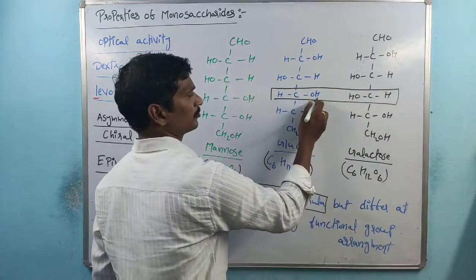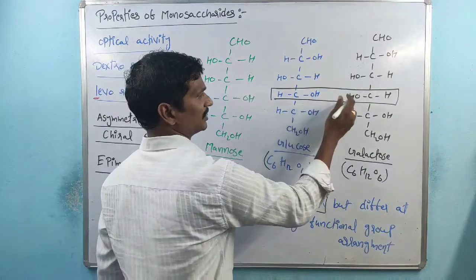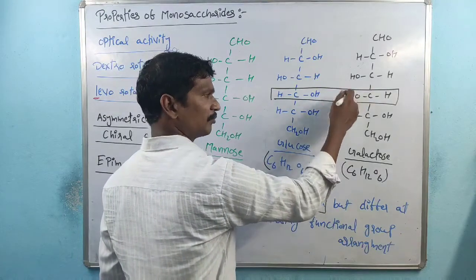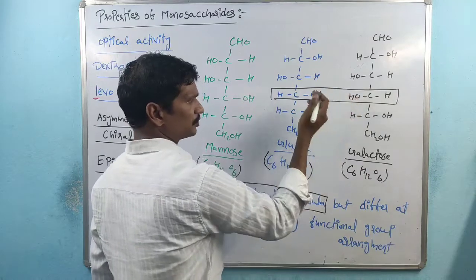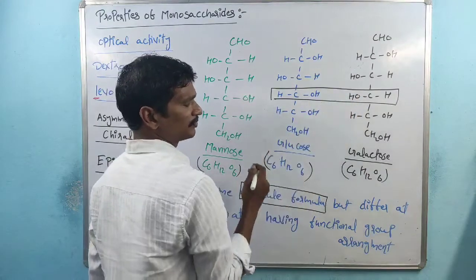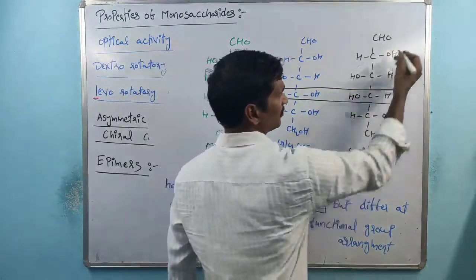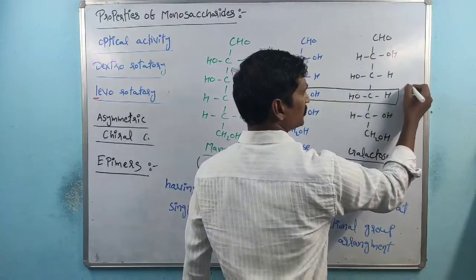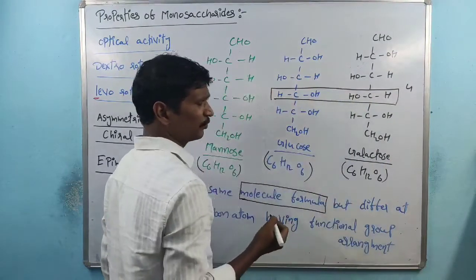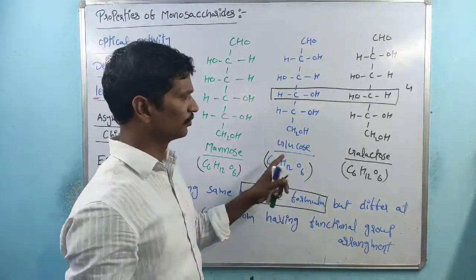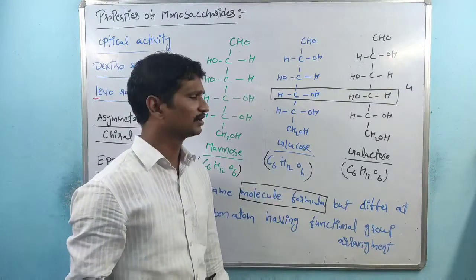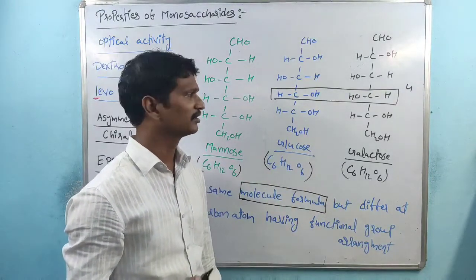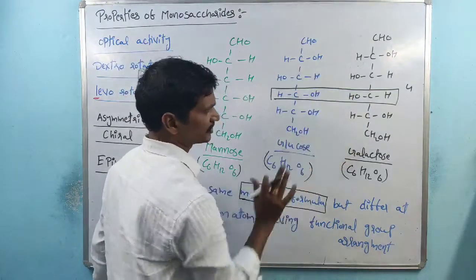See, here the hydroxyl group is presented on this side, and here the hydroxyl group is presented on the opposite side. So the arrangement of the hydroxyl group differs, especially at carbon number 4. At the 4th carbon atom, the arrangement of hydroxyl groups differs between glucose and galactose. The remaining structure is the same.